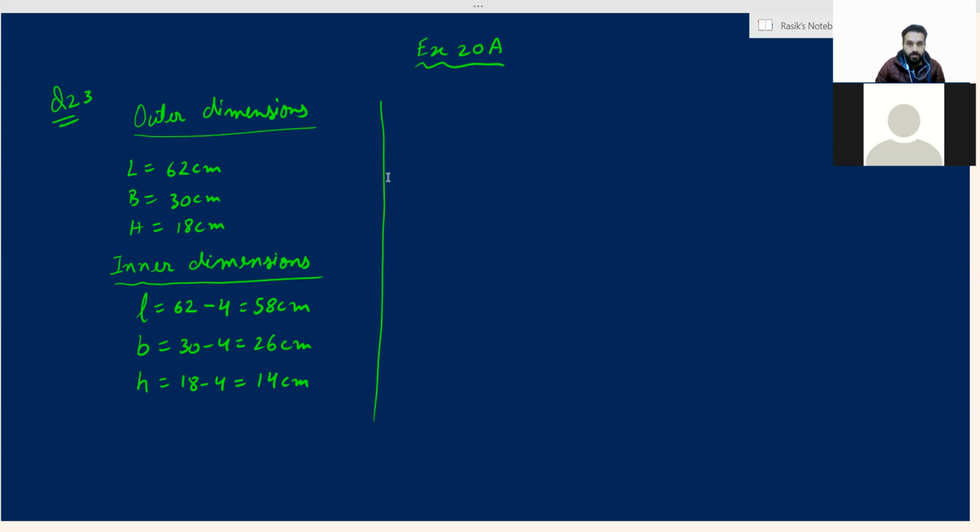And 112 centimeter cube. Sorry, how much? Post it in the group. Post your answer in the group.